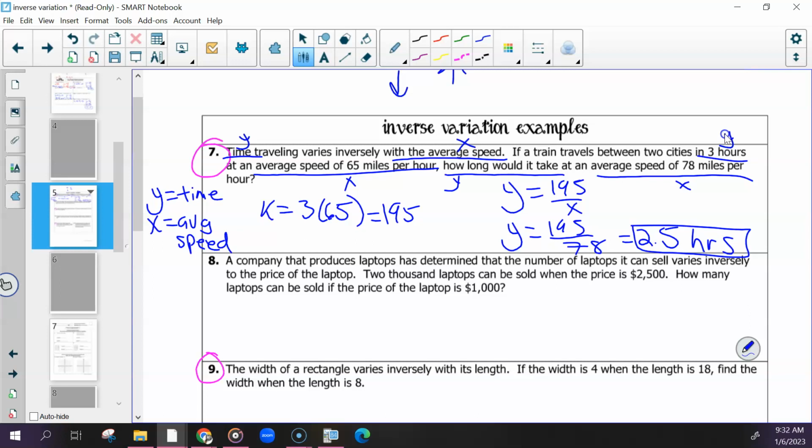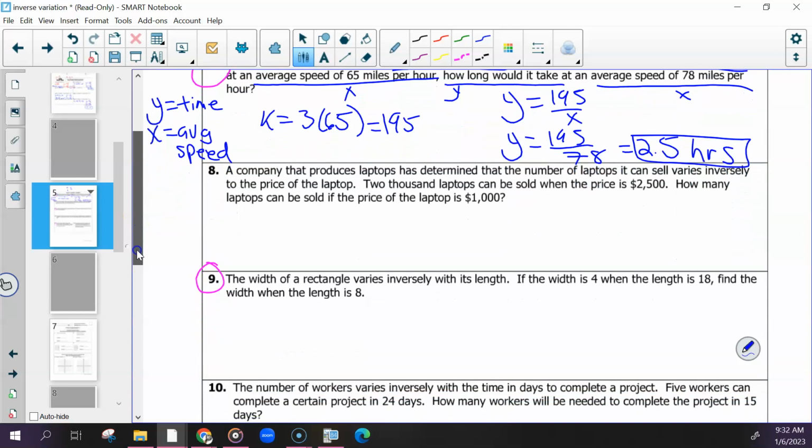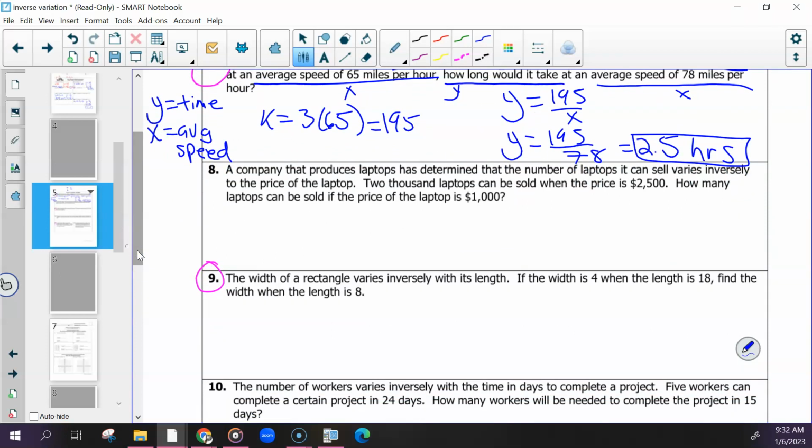Questions on that? Let's do 2 more, and then we'll be done for today. Let's do 8 instead of the 9.5 circle.